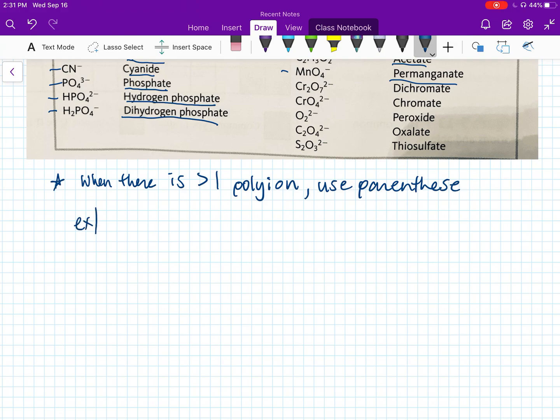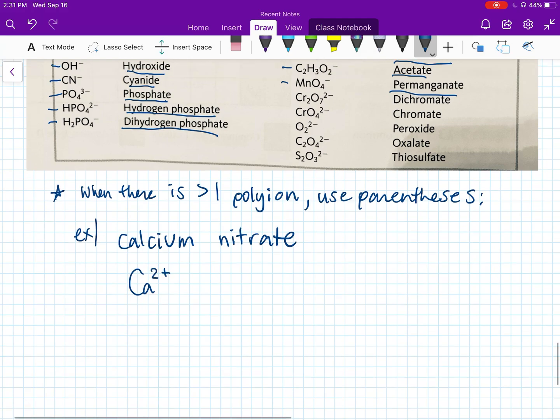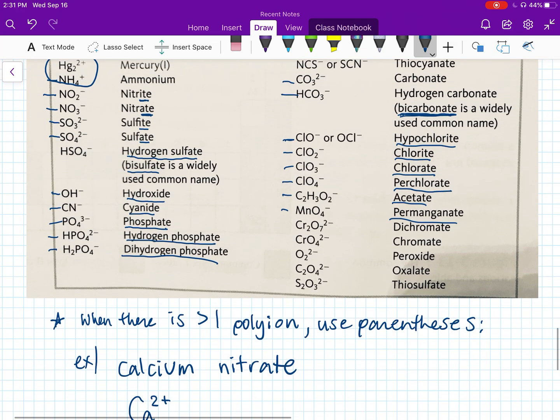So if we have calcium nitrate, let's say you have to figure out the formula for calcium nitrate. You know that calcium is an alkaline earth element, so it's going to have a 2 plus charge. Nitrate, you can find it in the table. Nitrate is NO3 minus.